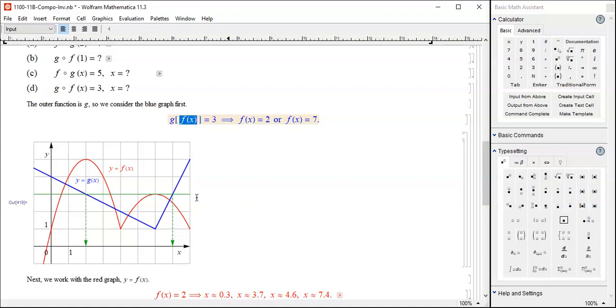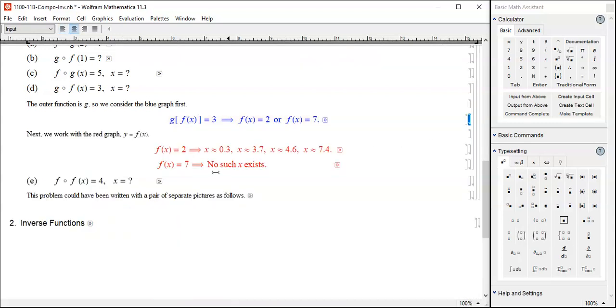I'm running my mouse around, but this green line is so thin it's a little bit difficult to see. That's when the y-coordinate is 3. So here we have this blue point, and then go down, we get x equal to 2. So we got f of x is equal to 2. And here's another, f of x equal to 7. We got these two. Alright?